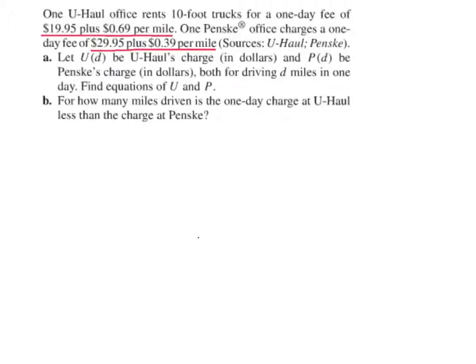So we want to find equations for U-Haul. I'll call that U to stand for U-Haul, and it's a function of D, the number of miles driven. Now U-Haul charges $19.95 plus an additional 69 cents, so 0.69 times however many miles are driven, which is D in this case. D stands for driving mileage.